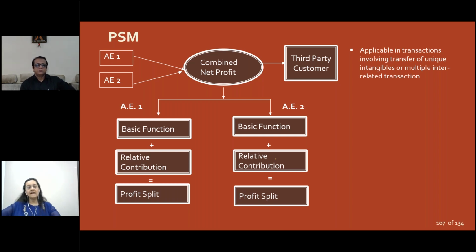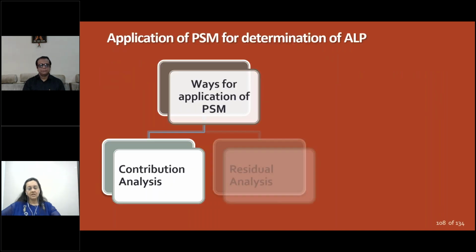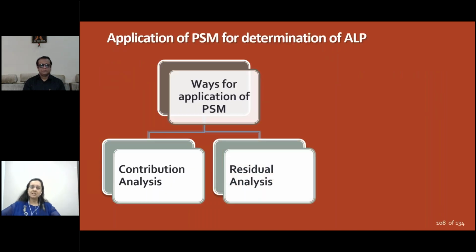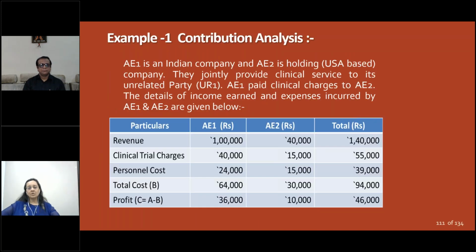Both AE1 and AE2 have done some basic functions. Add to that their relative contribution, and then you have to determine the profit split. So again, contribution analysis and residual analysis. I've given an example also, and if anybody wants these slides, I'm happy to share the example. It's there in the book as well.